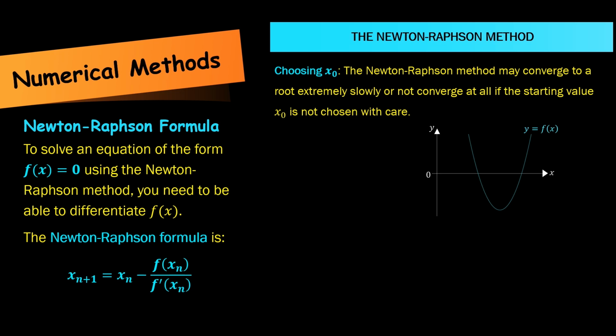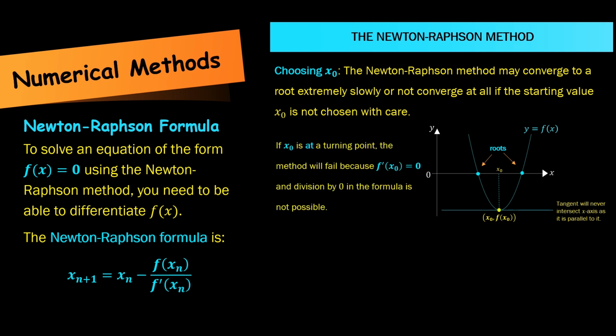So, for example, in this graph, y equals f of x, the roots are here as shown. If we consider x0 as the point highlighted, and then consider the tangent at the point x0, f of x0, then notice that the tangent will never intersect the x-axis as it is parallel to it.